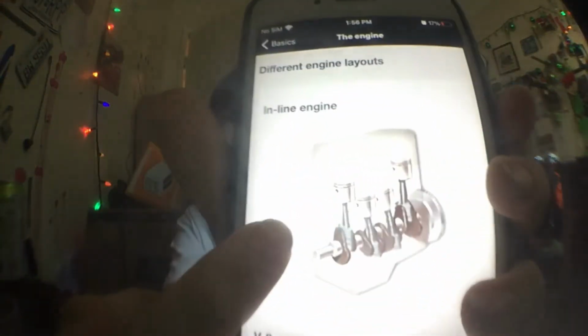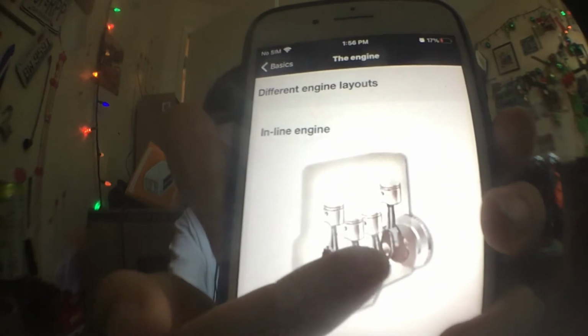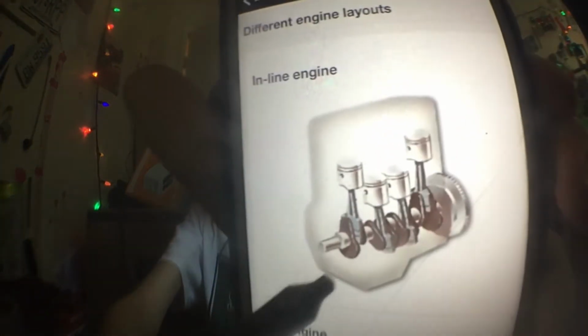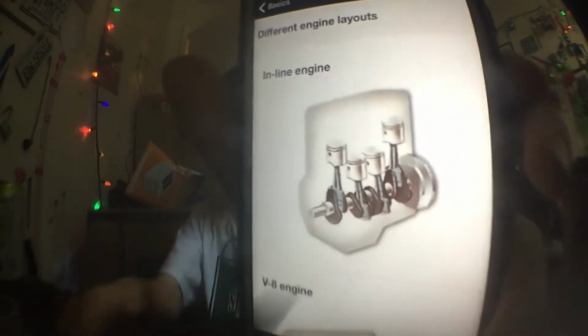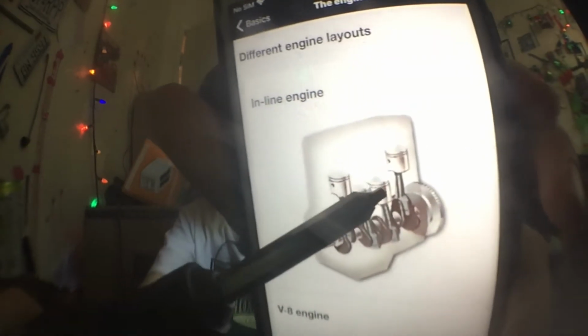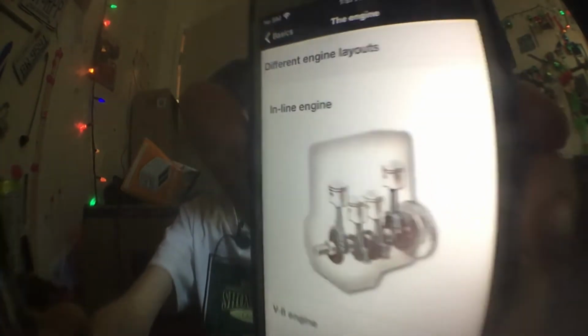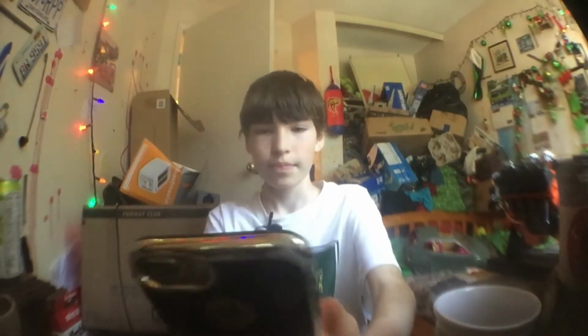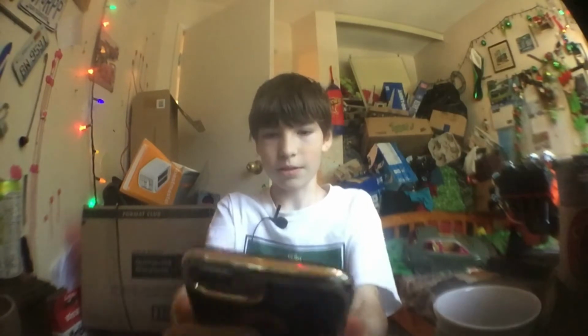Okay, so that piston and that piston, I'm going to get my trusty screwdriver. That piston and this piston would be in sync. The other 2 would be in sync, but all 4 of them wouldn't be. But most are like, the 2 inners are in sync and the 2 outers are in sync.